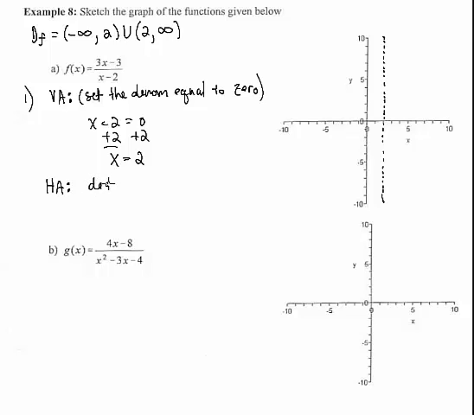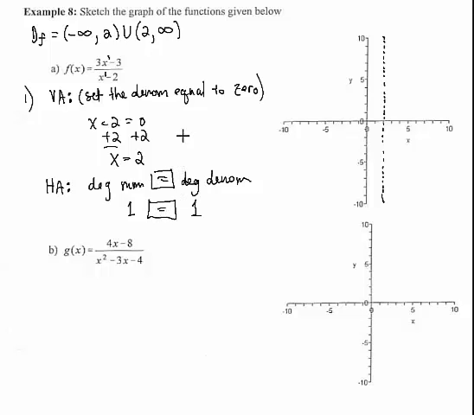We compare the degrees of the numerator and denominator. The degrees refer to the largest exponent of the polynomial, and they are equal. The numerator is 3x to the first power minus 3, and the denominator is x minus 2. So we only have one variable and its exponent is 1, so they are equal.